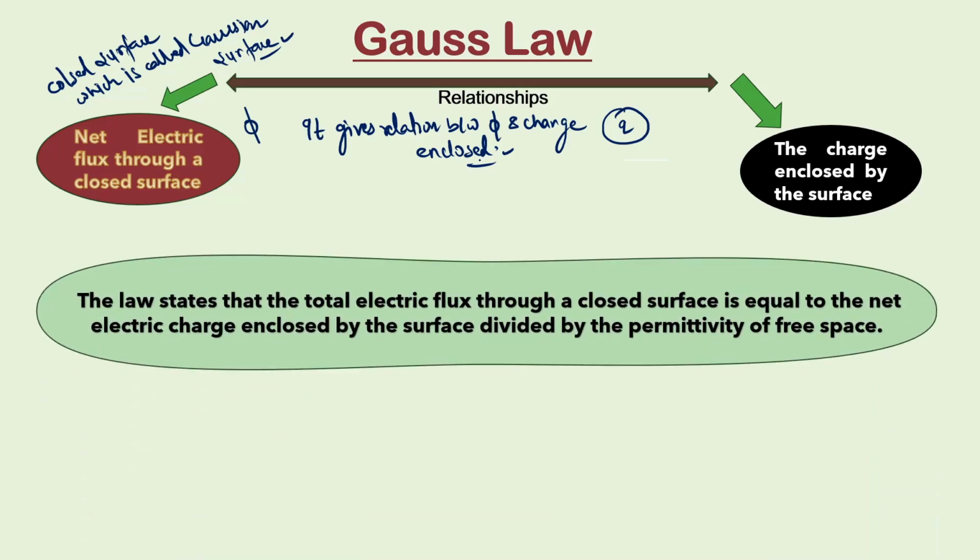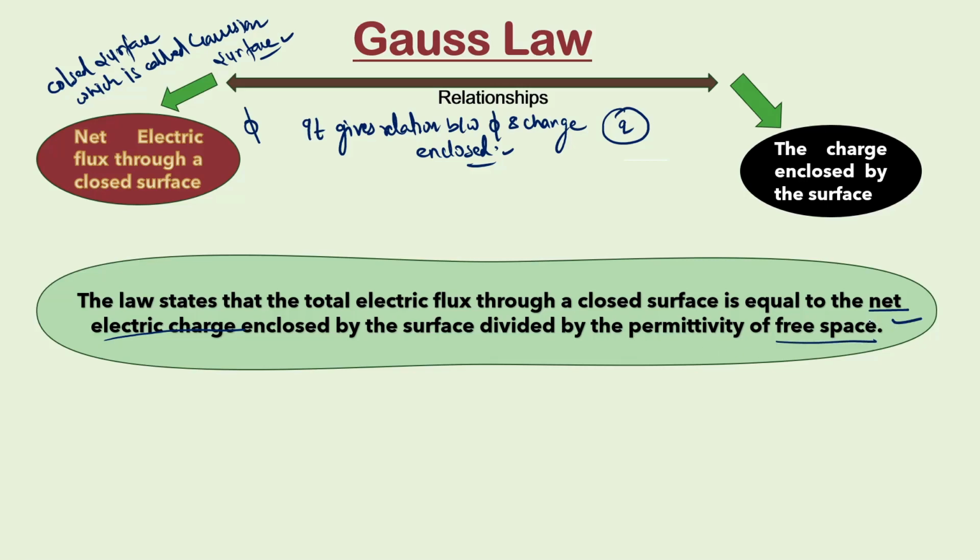So we can say that the total electric flux through a closed surface is equal to the net electric charge enclosed by the surface divided by the permittivity of free space.